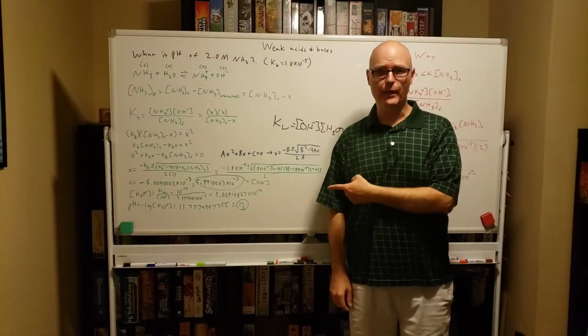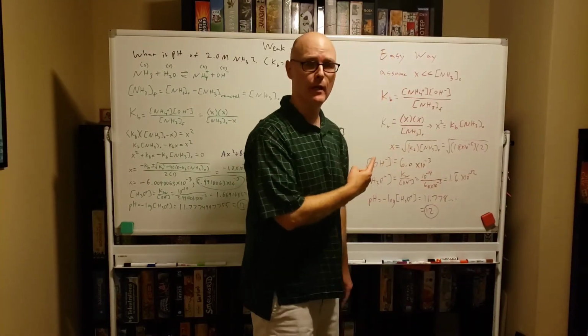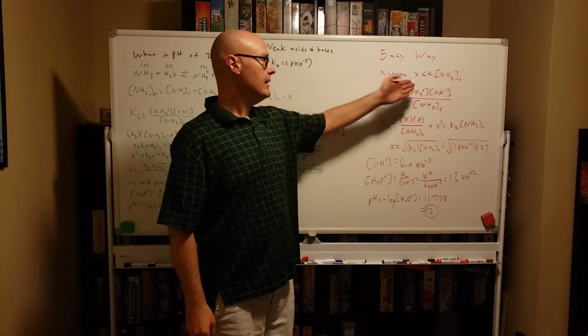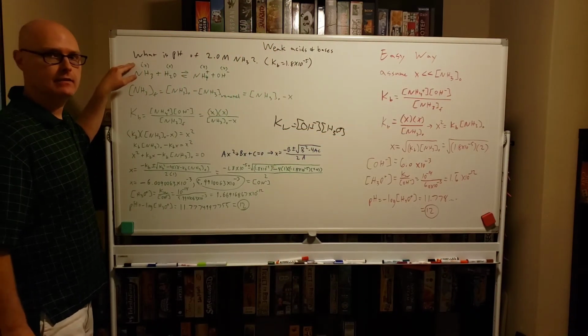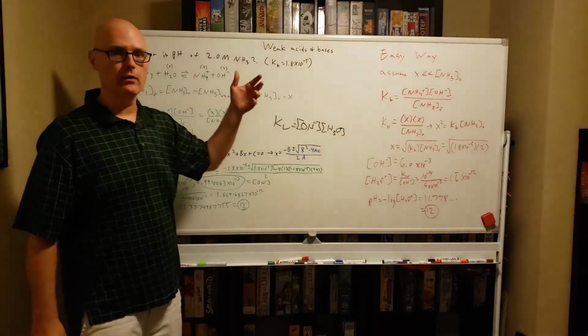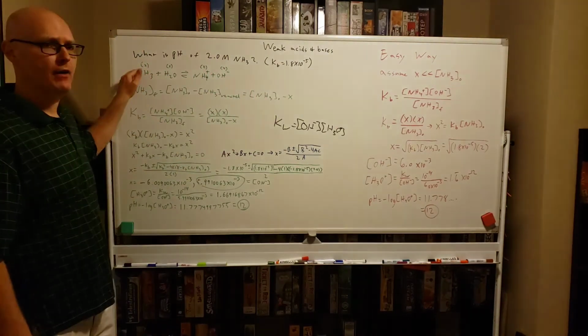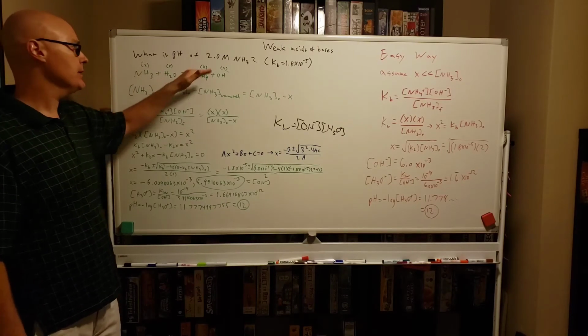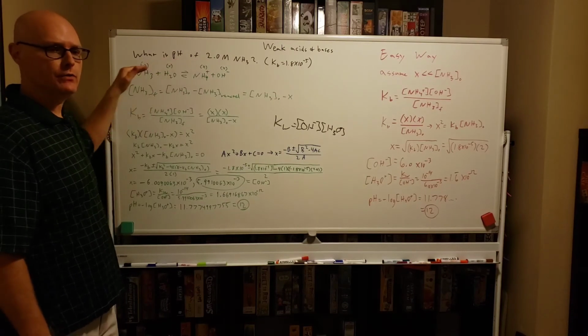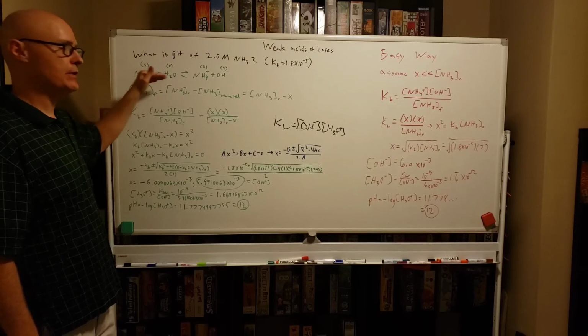Now that I showed you the hard way, let me show you the easy way to solve this problem. Let's assume that the amount that reacted is very, very small. Remember it's a weak base, so let's assume that a very, very small amount of my 2 molar solution was reacted, that ionized with the water.